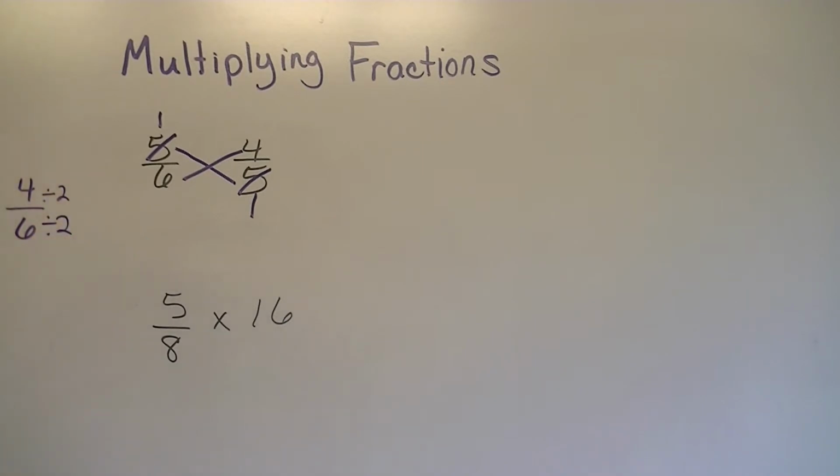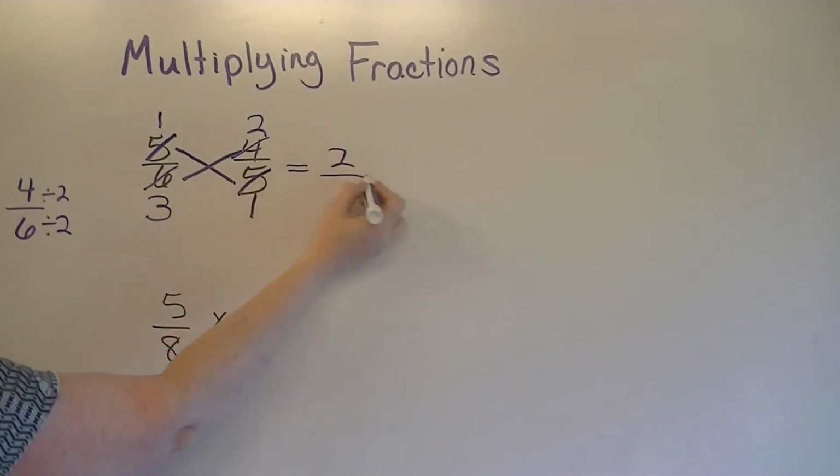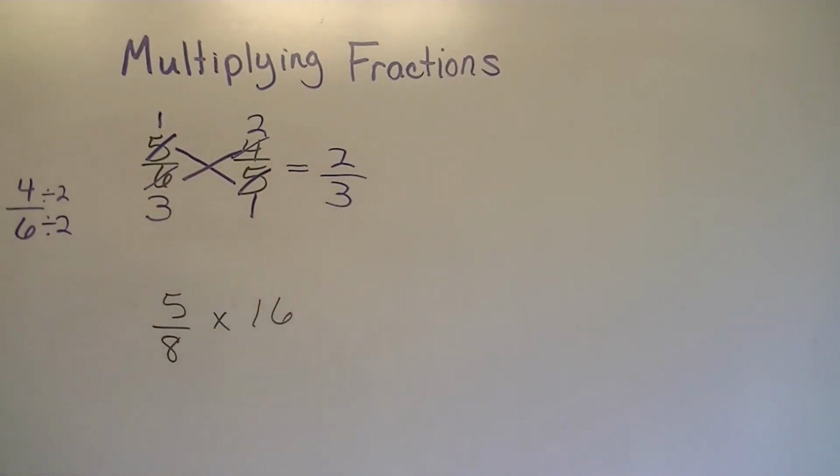And it's 2. So I'm going to divide them both by 2. 4 divided by 2 is 2, and 6 divided by 2 is 3. I'm done with my cross cancellation, so I'm simply going to multiply my numerators and my denominators. And I get 2/3. 2/3 is simplified, and it's not improper. So let's move to the next one.